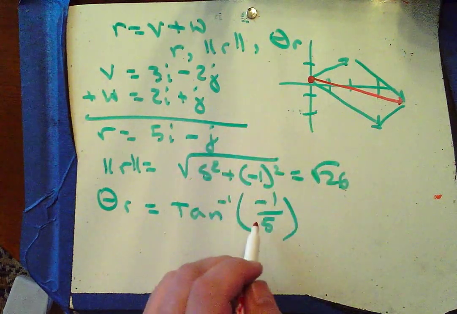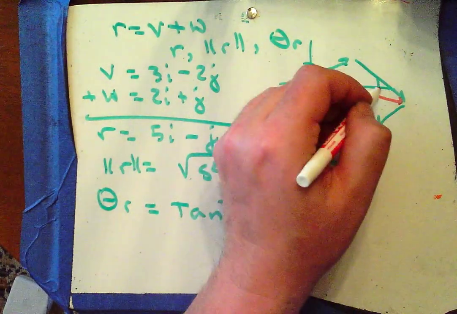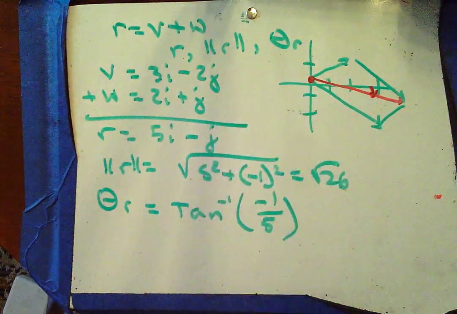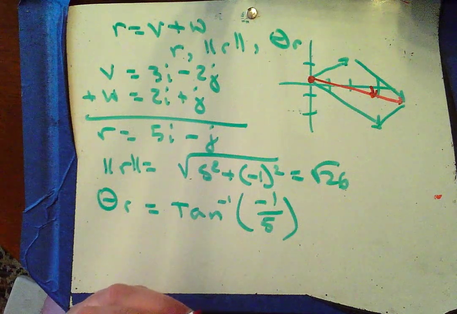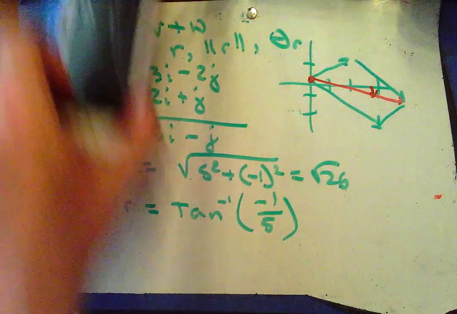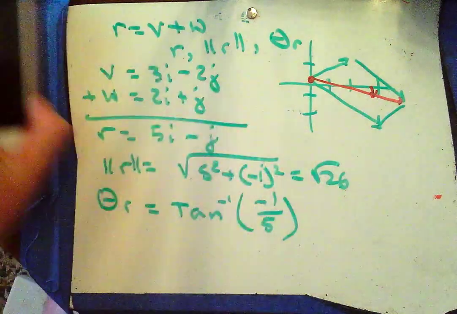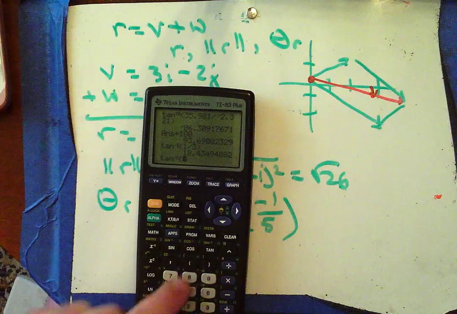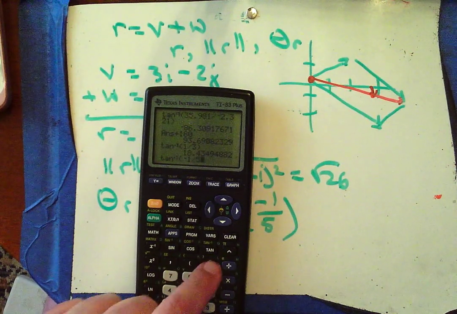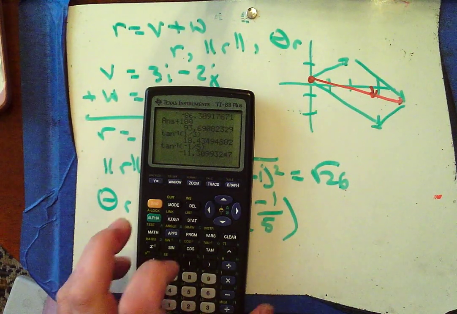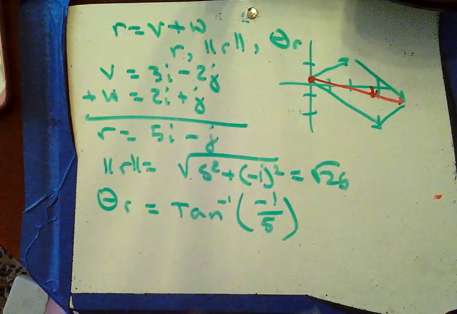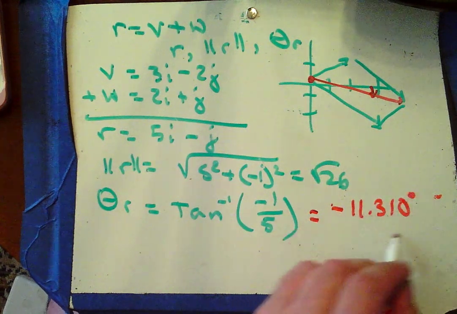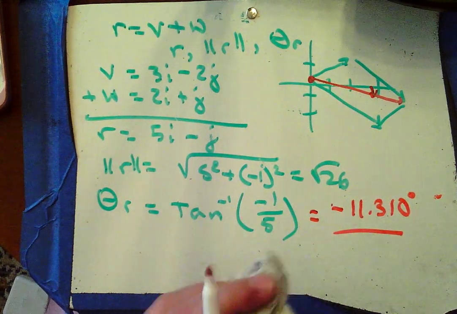So when I do this inverse tangent, I'm looking for that angle. That's my direction angle. And so I expect that angle to be a negative angle. So we'll do inverse tangent of negative 1 divided by 5, and I end up with negative 11.310 degrees. There's my direction angle.